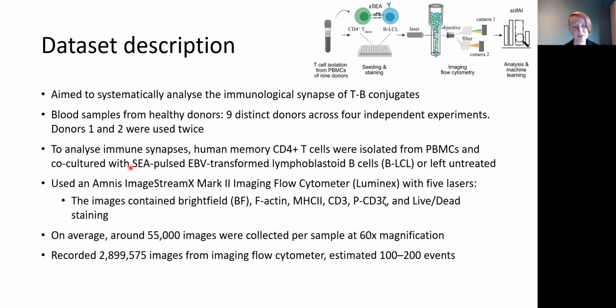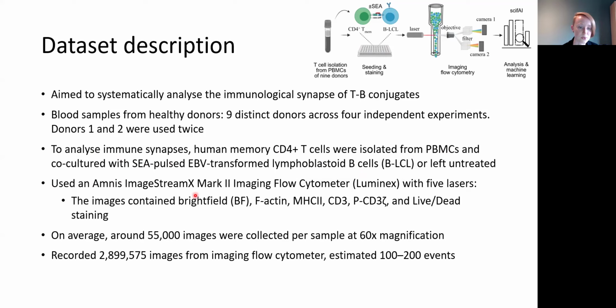So they co-cultured them with activating antigens with EBV transformed lymphoblastoid B cells, or BLCL as I'll call them. And they also left some of these untreated, so they didn't add this antigen here.